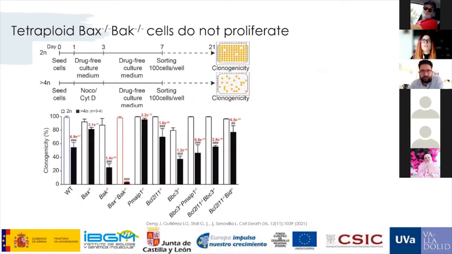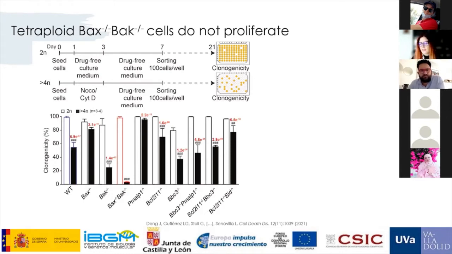But we wanted to know if this is due to the treatment or if it's due to the fact that the cells are tetraploid. To see this difference, what we have to do is a sorting. On the one hand, we will have the diploid cells, and on the other hand, the tetraploid cells.